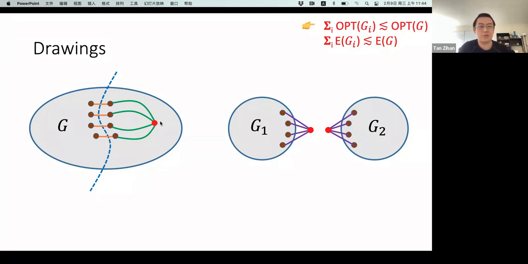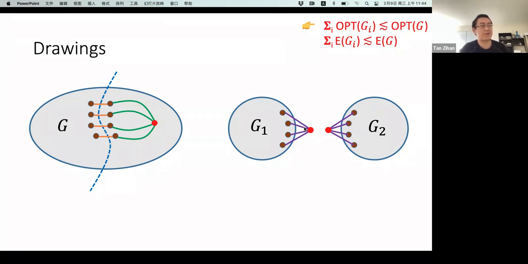Then what we can claim is that we can get a drawing of G1 out of the original drawing of G. Why? The left part of G gives the drawing of G1, and now we view this red vertex as the image of this red vertex, and the original image of this entire path as the new image of these purple edges.